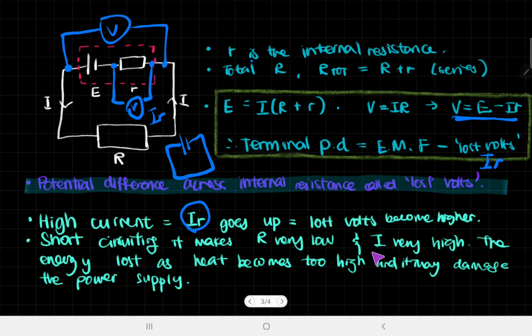That means I will shoot up, because V equals IR. So Ir, the lost volts, will also go up, and the energy lost as heat will become too high. It may also damage the power supply by setting it on fire or melting it.